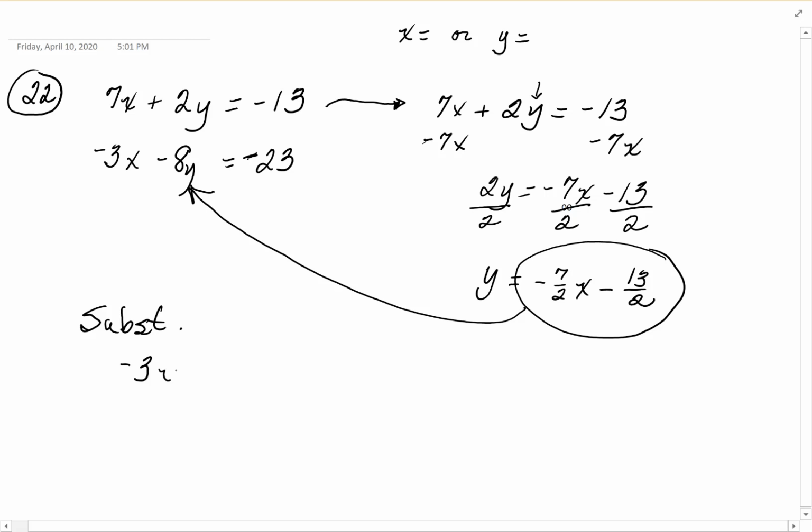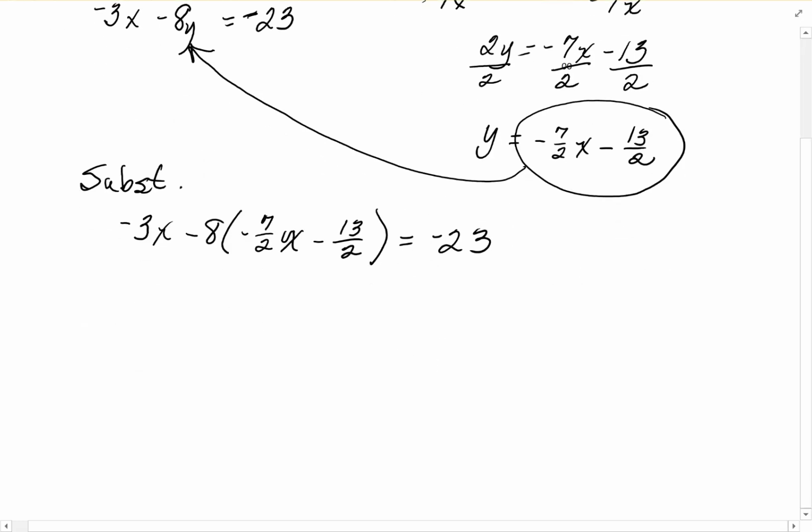I have negative 3x minus 8 times negative 7/2 x minus 13 over 2 is equal to negative 23. All right, this is kind of yucky. So I have negative 3x. I need to distribute. Negative times negative is positive.